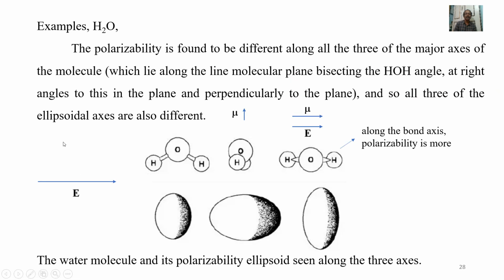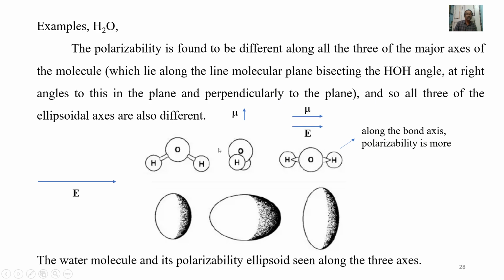So here is the example, H2O, the water molecule. The polarizability is found to be different along the three major axes of the molecule, which lie along the line in the molecular plane bisecting the HOH angle, at right angles to this in the plane, and perpendicular to the plane. So all three of the ellipsoid axes are also different.